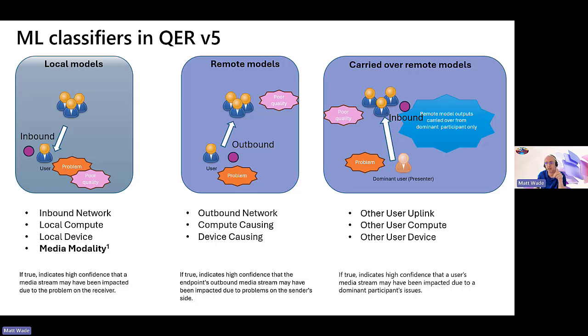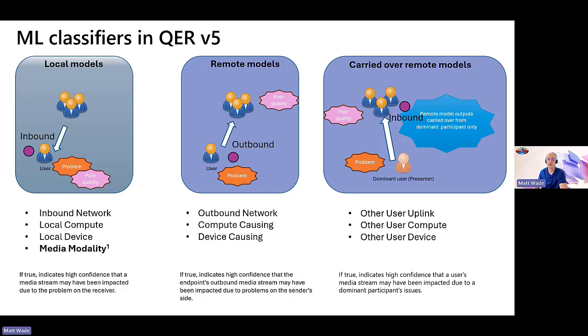So if the speaker has a bad network, device, or an affected workstation that is impacting the quality of their output, and it's affecting you, we will mark that you had a bad call and it was because of John Doe, the speaker. He was the one having a problem, right? And so it really helps you isolate what's going on in a particular call.